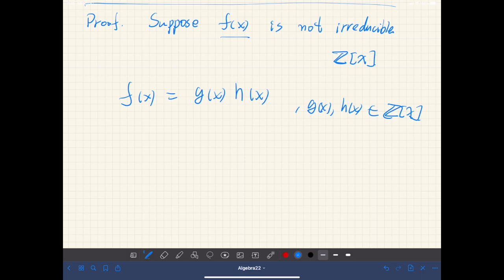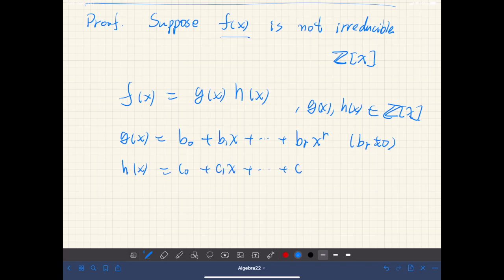Okay, and more specifically, let's write g of x as b0 plus b1 x and so on, br x to the power of r, and h of x as c0 plus c1 x and so on, cs x to the power of s, and cs is non-zero. And these degrees are between 0 and n. So by assumption, this is possible.